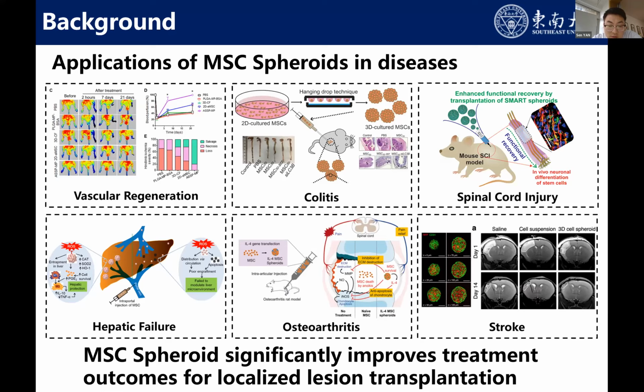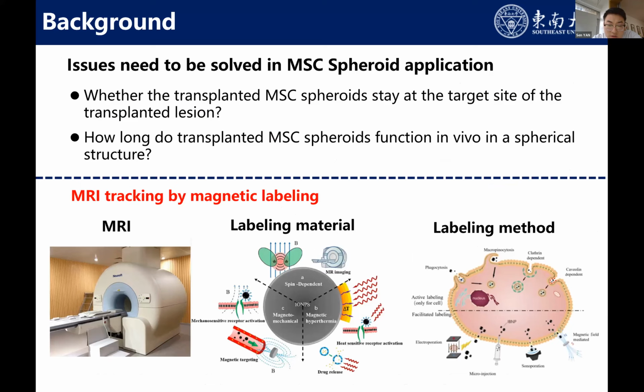During the development of MSC spheroid applications, it is important to understand whether the spheroids are successfully transplanted to the site and how long the spheroids can function after transplantation. Bioimaging can be a good way to observe spheroids, and MRI tracking has the advantages of being safe and non-invasive.